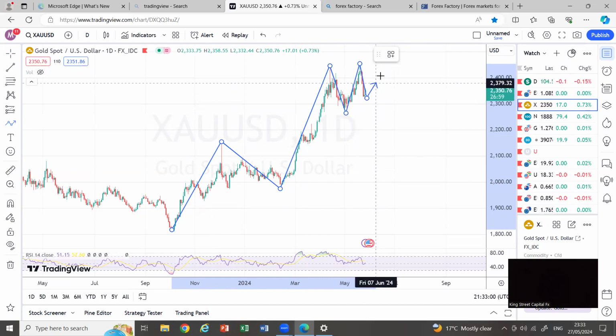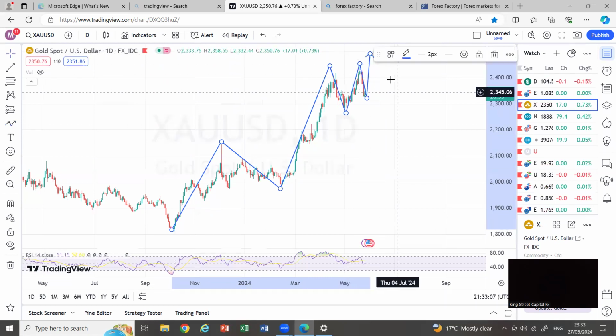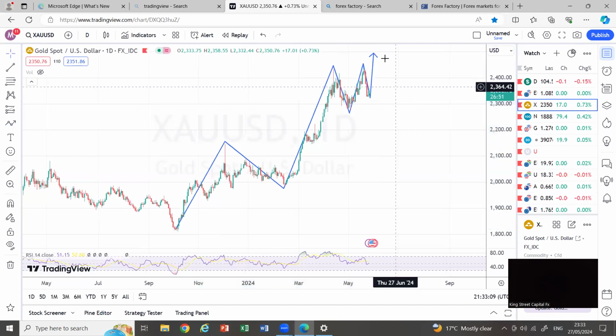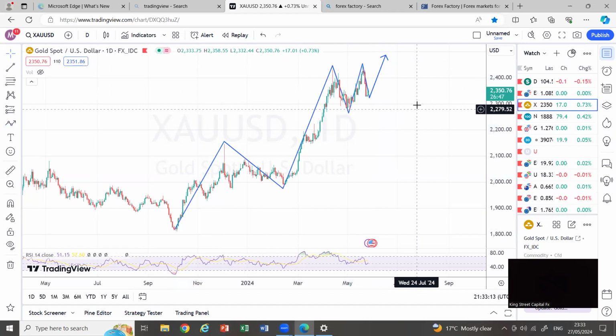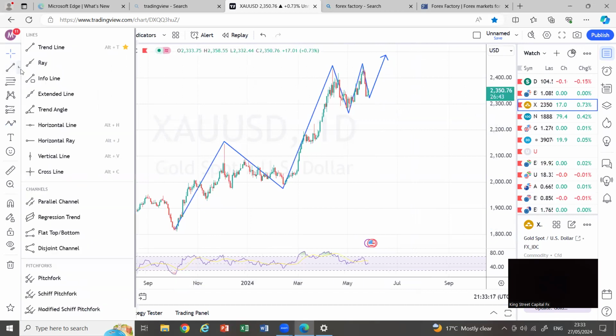So what can we expect? Of course, a higher high. So if we do follow this path, let's drop our structures here.